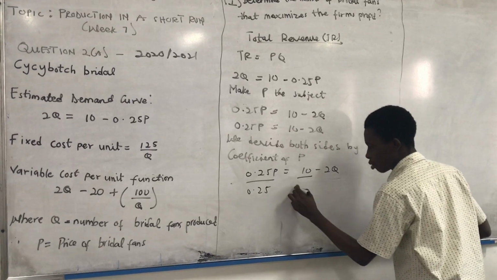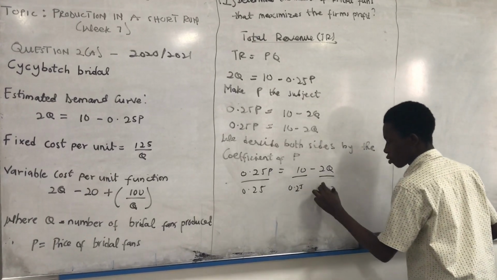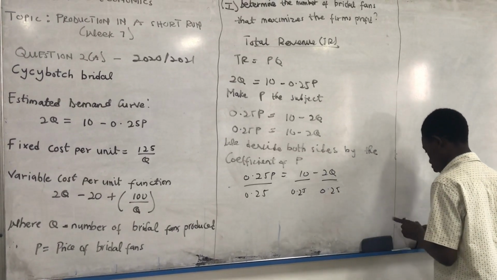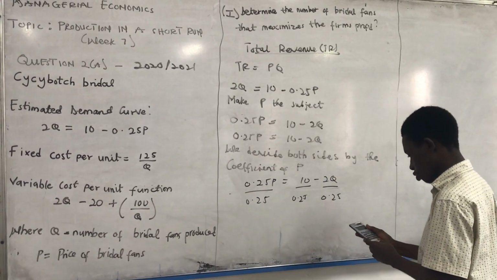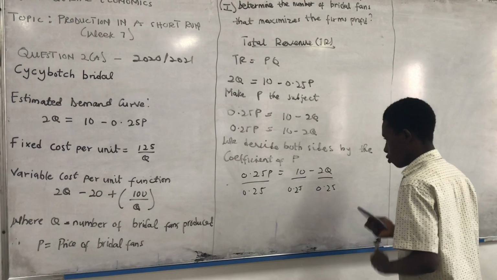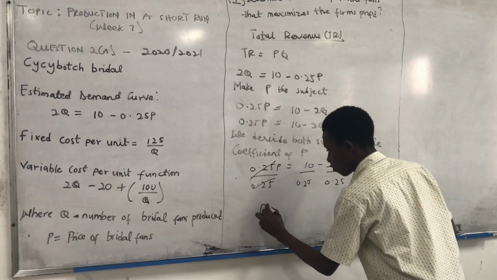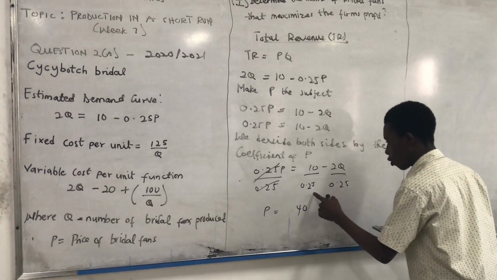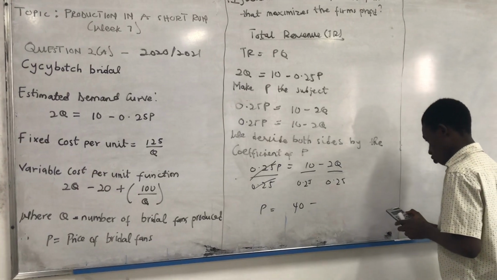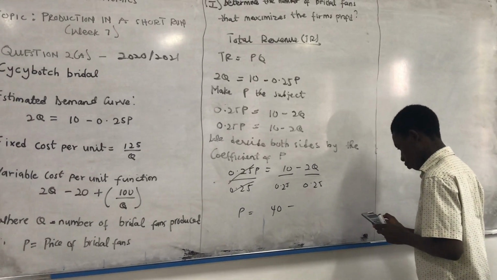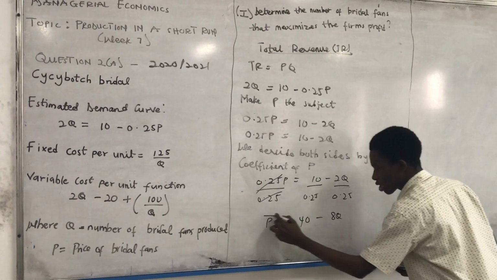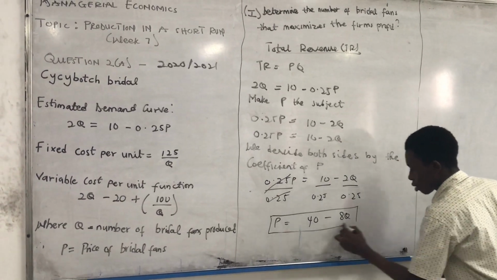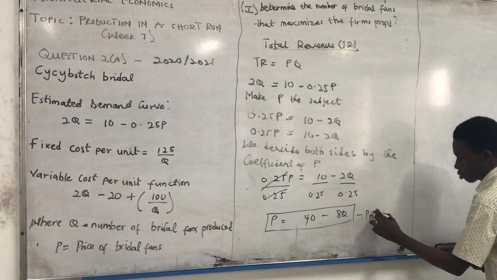Do it this way: 0.25 and 0.25. So let's see what we get. 10 divided by 0.25 gives 40. 2 divided by 0.25 gives 8, and there's a Q here. So this becomes our price function: P equals 40 minus 8Q.